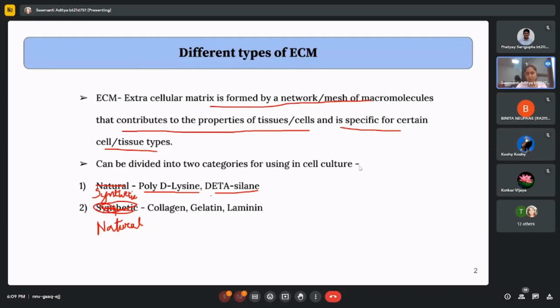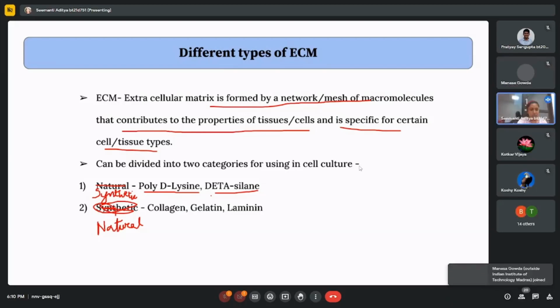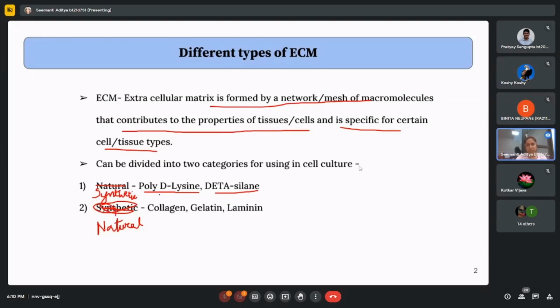Beta means there are three nitrogen-containing peptide sequences added to the silica. So these are the two synthetically synthesized ECM matrices, which are used in regular cell culture by different people for their requirements.